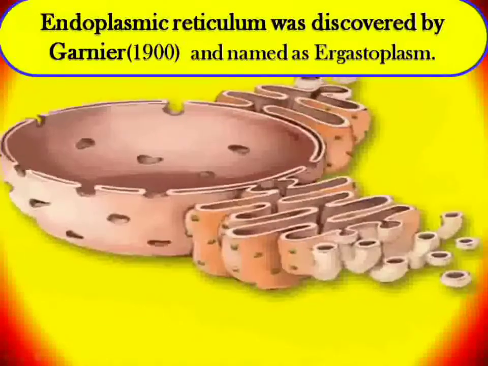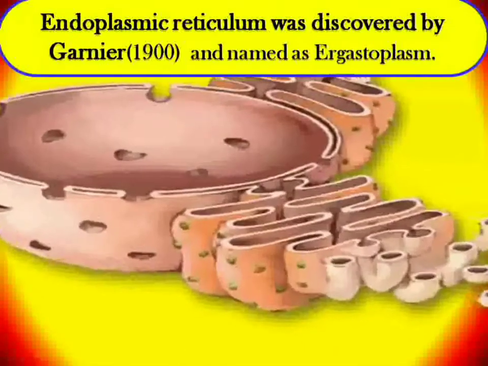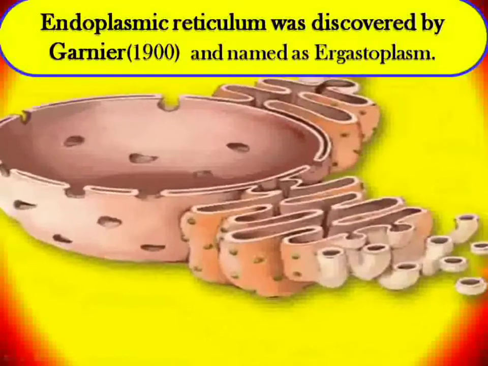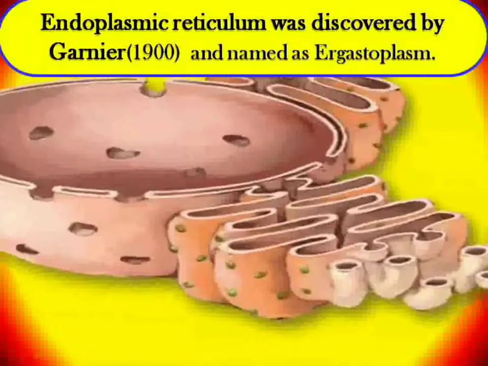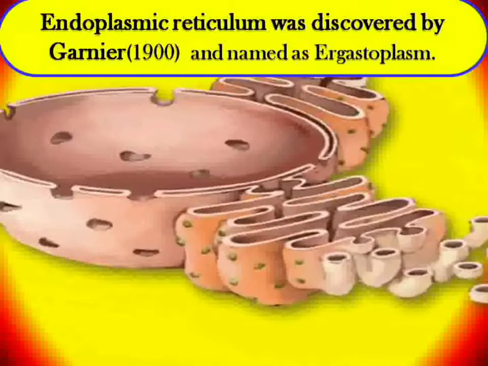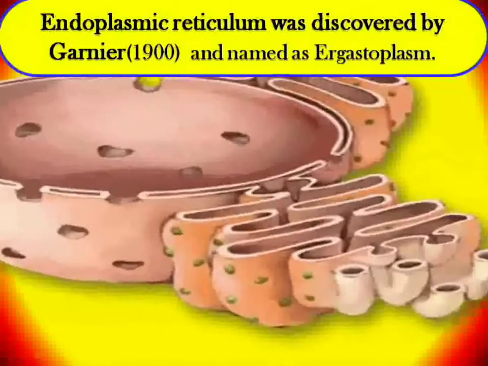So the scientist Garnier discovered endoplasmic reticulum along with some other membranous structures. He gave the name ergastoplasm to that structure.